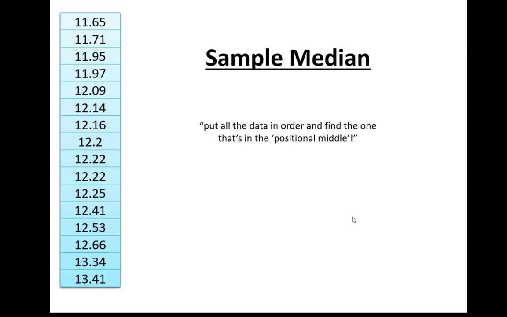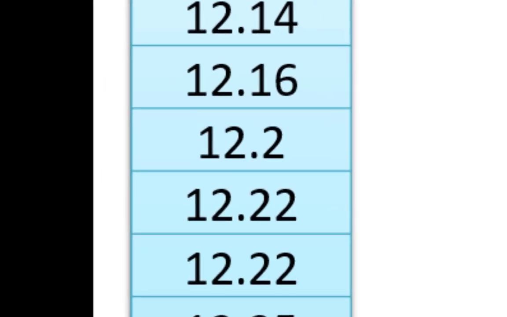So what we do now is we have to find the data points that are in, I said, the positional middle. So what that means is we're going to cross off the smallest and cross off the biggest, then cross off the next smallest, then cross off the next biggest, and we're going to keep going back and forth until we end up, in this case, with two numbers in the middle, 12.2 and 12.22.